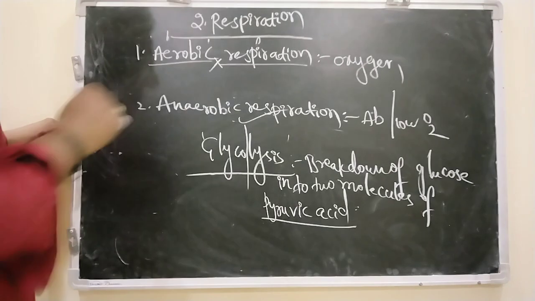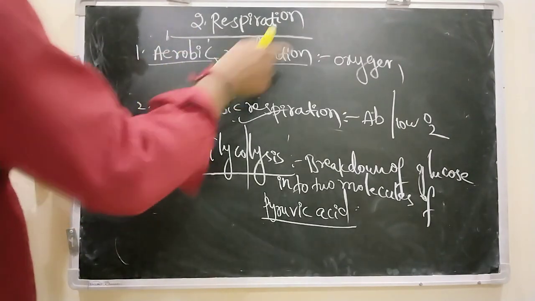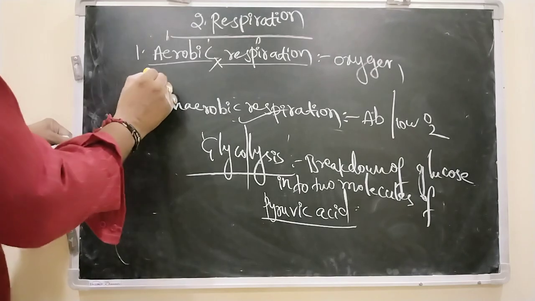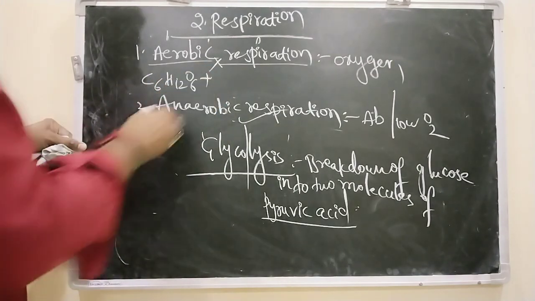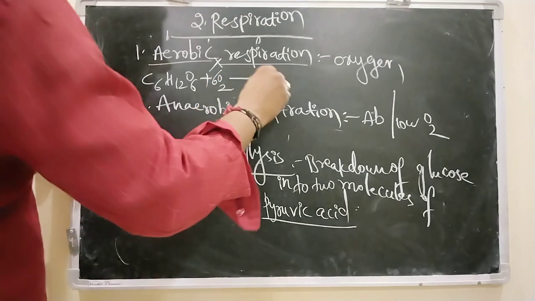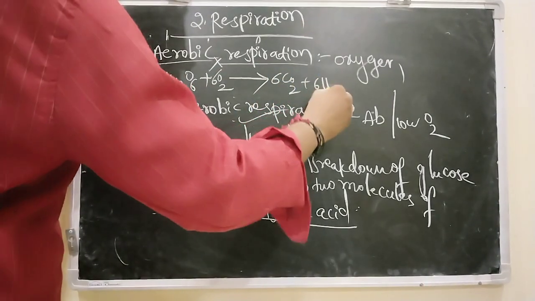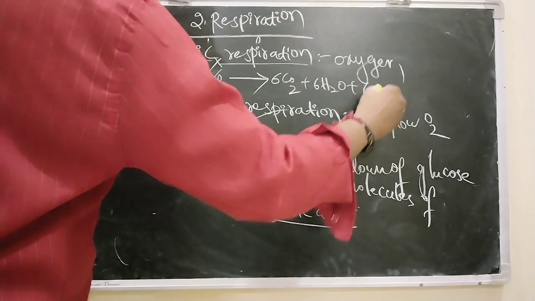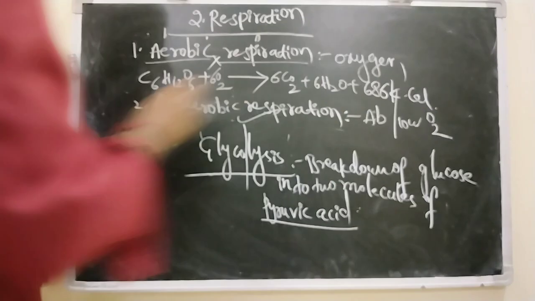In aerobic respiration, more heat energy is released. For example, C6H12O6, this is glucose, and 6O2, oxygen, gives 6CO2 plus 6H2O plus 686 kilocalories of energy. This is the equation for aerobic respiration.